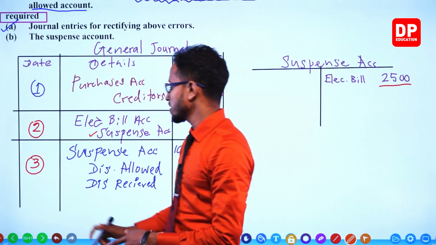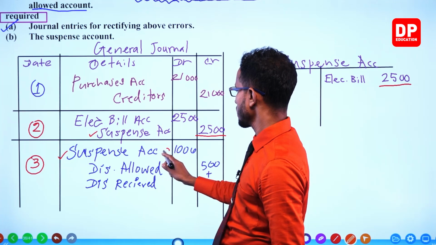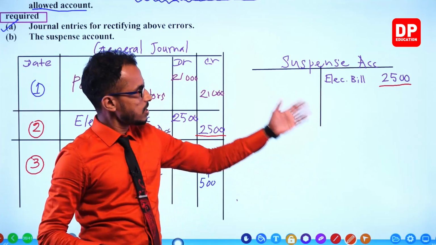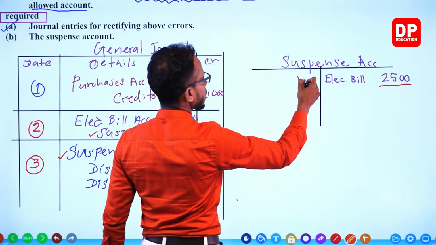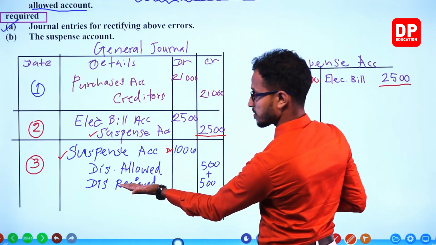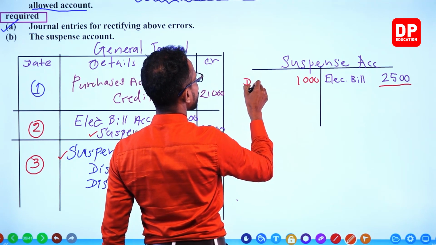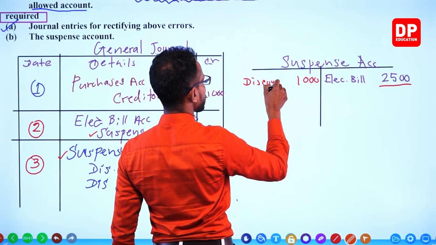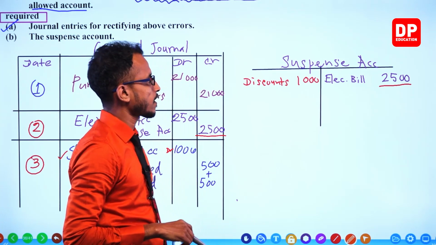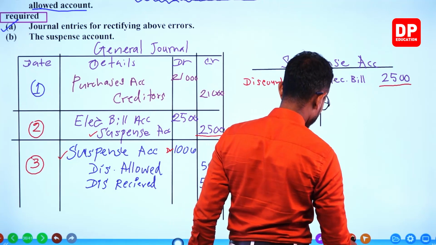Now the third one, the suspense account is debited, with 1000. Put it to the debit of the suspense account, 1000. The description is discounts. Discounts received and allowed are both involved, so you say discounts. Done. That's it.